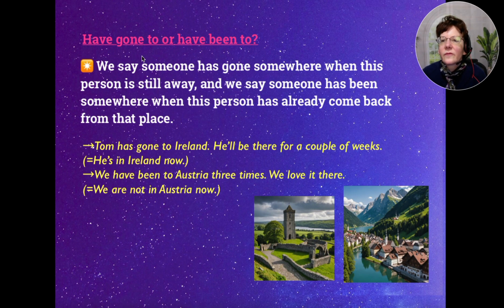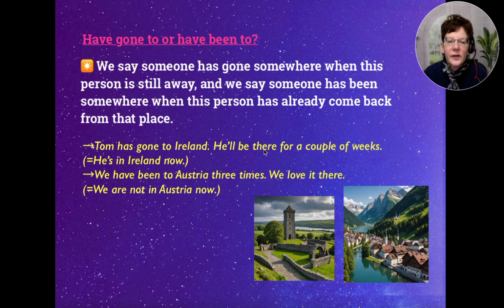Okay, then we have gone to or have been to, which one to use. We say someone has gone somewhere when this person is still away, and we say someone has been somewhere when this person has already come back from that place. So we have Tom has gone to Ireland.